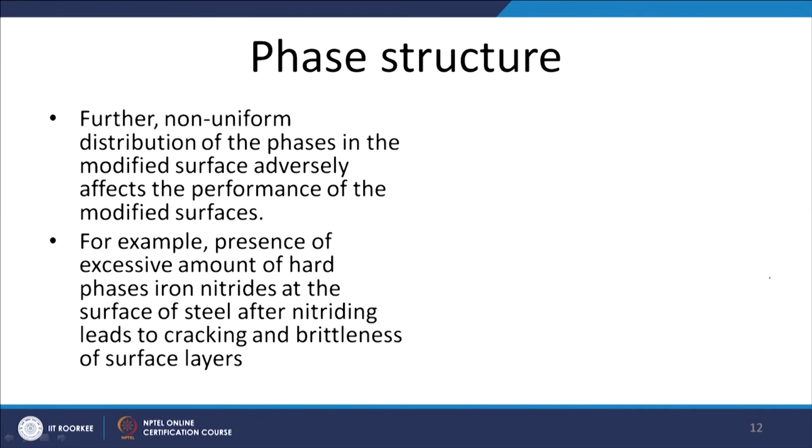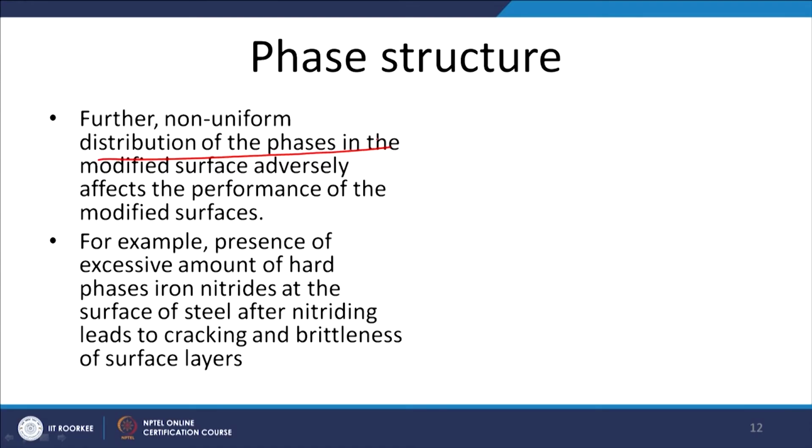behavior of the material. So, as I have said, not just the presence of certain constituents is important, but their good distribution is also important. So, non-uniform distribution of the phases in the modified surfaces is also not that good.